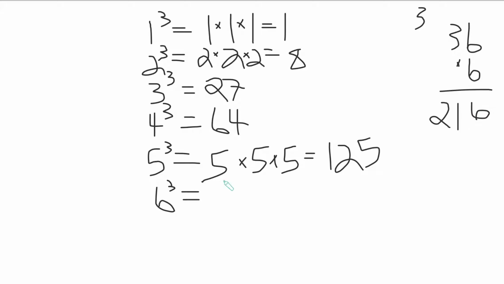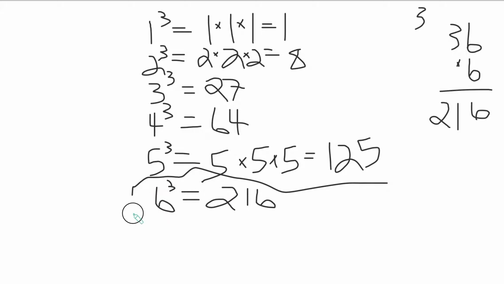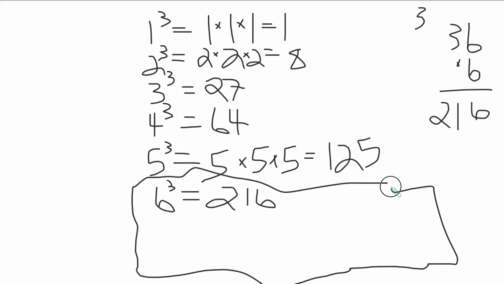So it's 216. Why is that interesting? Well, here's where you want to look for patterns, especially once you've gotten to the 6 through 9. You want to try to spot the patterns, because these are where it gets a little bit trickier, right?